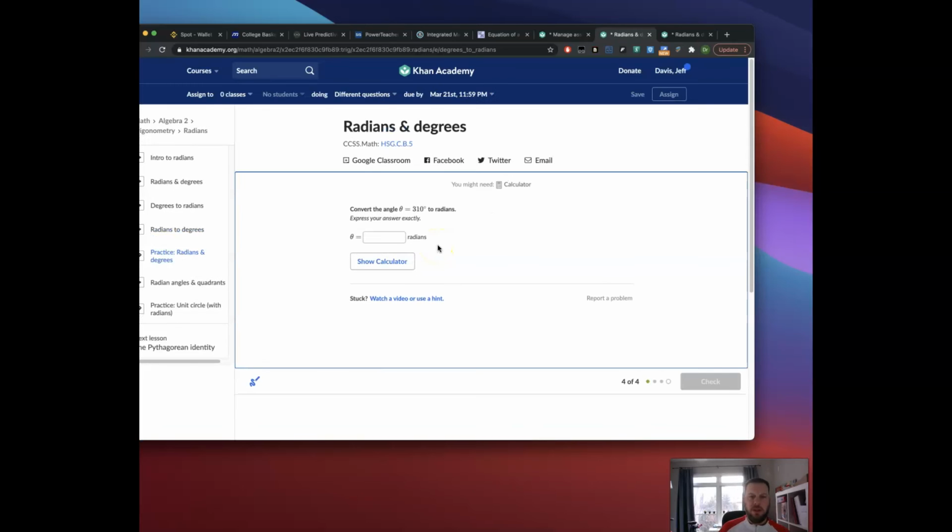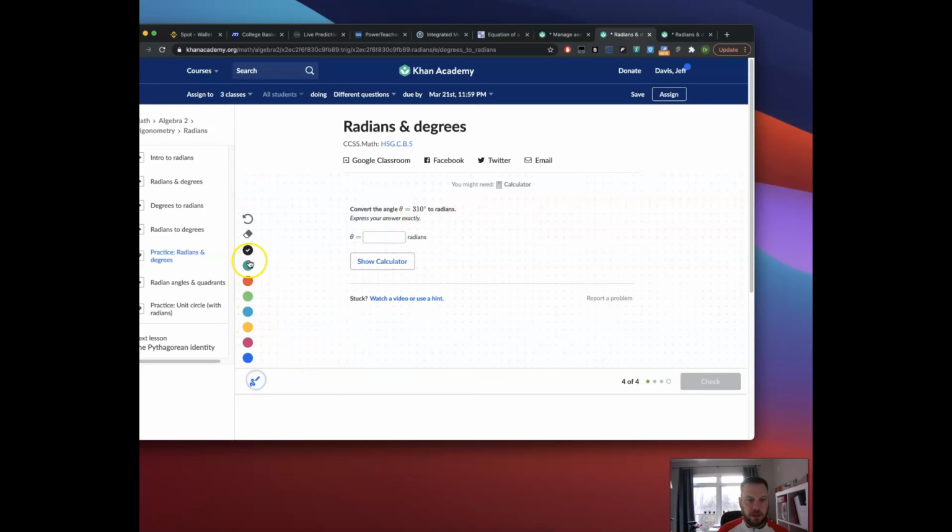And then radians and degrees. So if you have an angle and you're going to radians, I'm going to take the angle, divide it by 180, put a pi there, and then reduce. So this one is 31 over 18 times pi. So this is if you're going from that angle to radians.